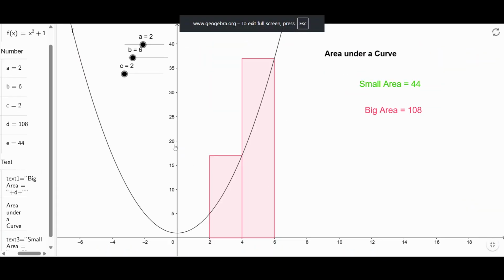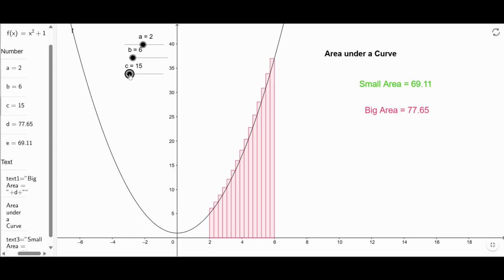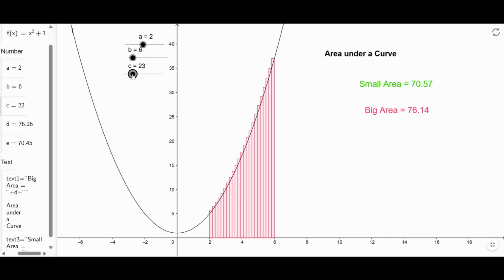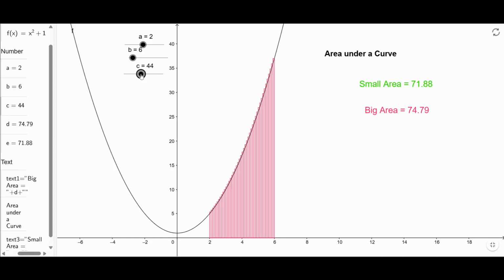Now the same thing with the right endpoint method. In this case, I've got the graph x squared plus 1. If we increase the number of strips, you will be able to see that the area will be closer and closer to the exact area because the unwanted calculation will be less and less.